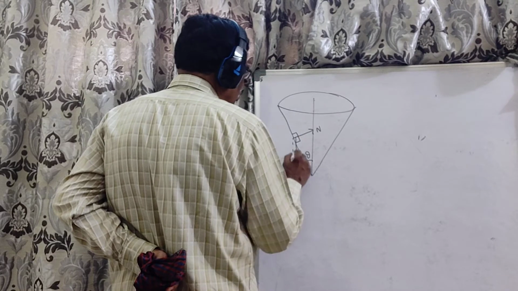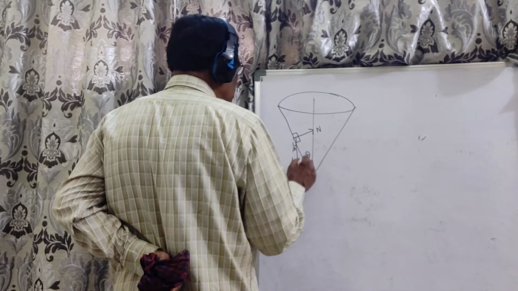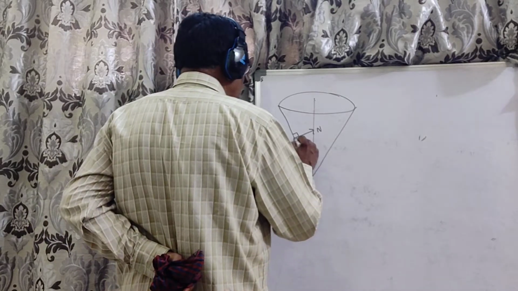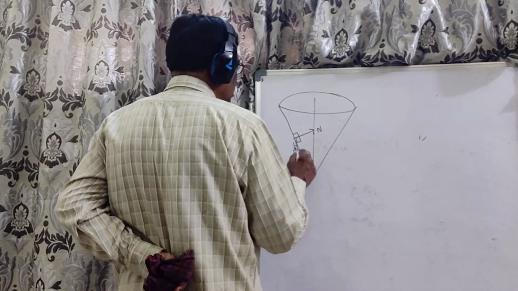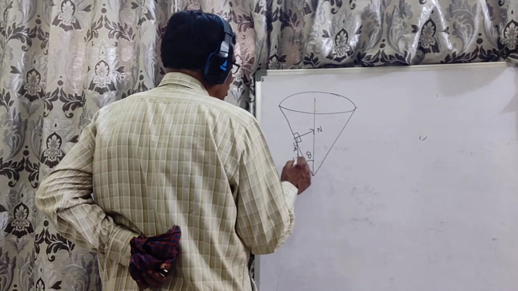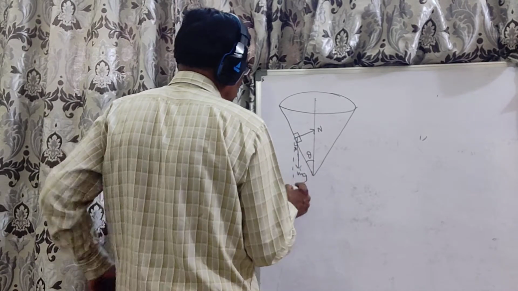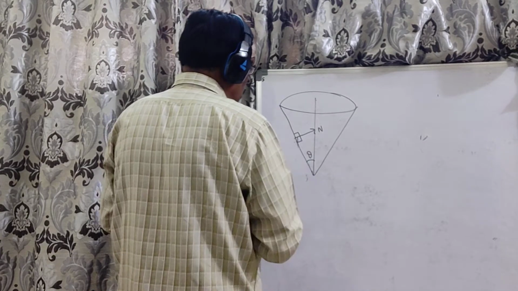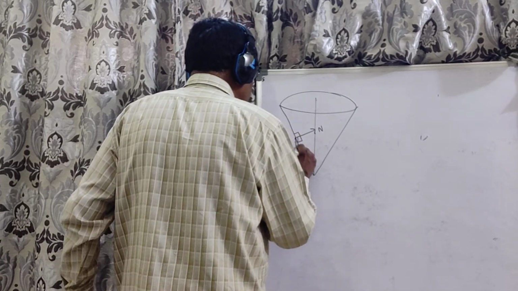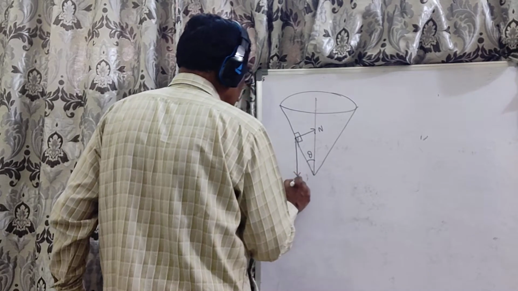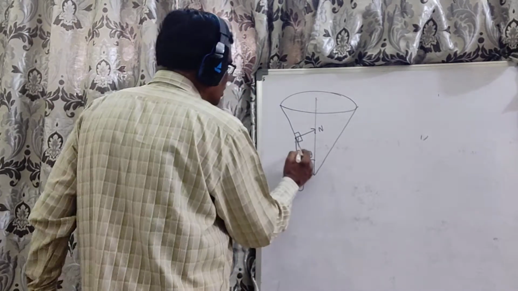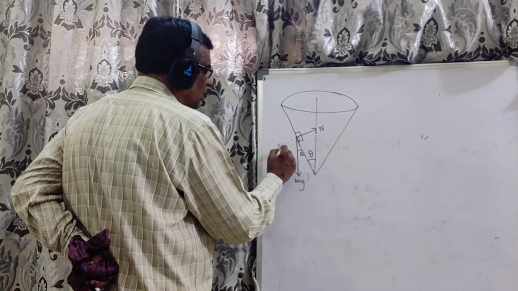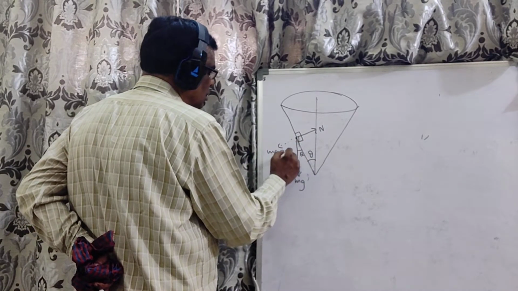This angle is also theta, an alternate angle, right? So mg is like this. This is theta, so this is mg cos theta. This is mg sin theta.